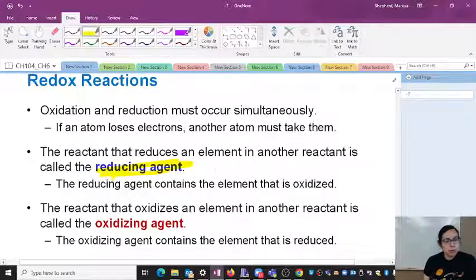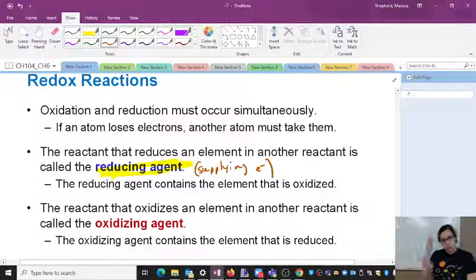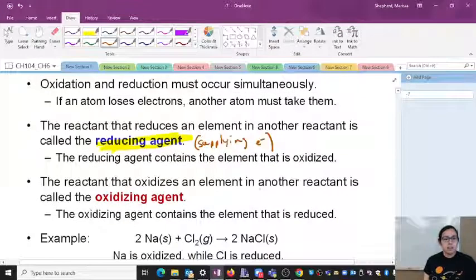Your reducing agent is the one being oxidized. You can also think of it as supplying the electrons here. And the reactant that oxidizes an element in another reactant is called the oxidizing agent. So this is going to be the element that is reduced.